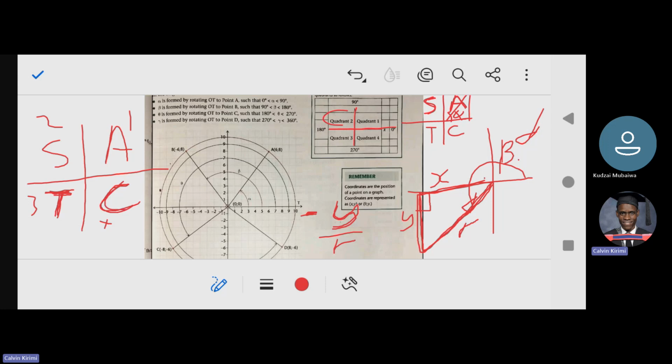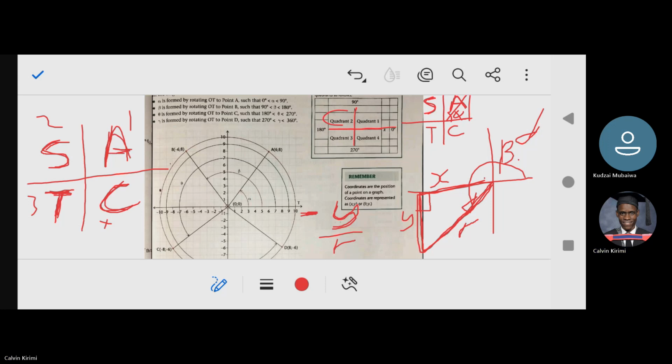Let me just calculate the way I calculate. I will put the sign after I've done calculating. So first calculate the value of tan. Ignore the signs. You only come with the signs after you have found your value. Then you say, but in this quadrant, only tan is positive. Only all of them are positive in that quadrant.